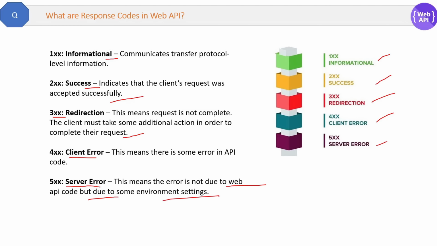It means that you have requested something, your request is okay, the Web API code which is handling it is also okay, but the server on which the Web API is hosted is somehow not able to connect to your client from where you are sending the request. So that is the internal server error you might have heard of. So that is 5XX. Great. So these are the response codes in Web API.